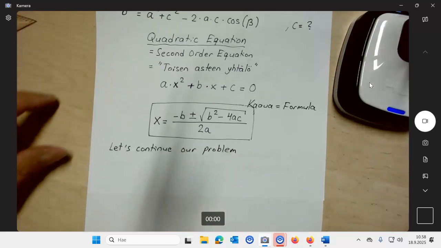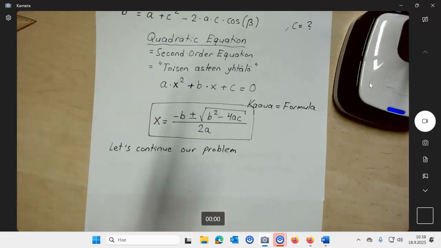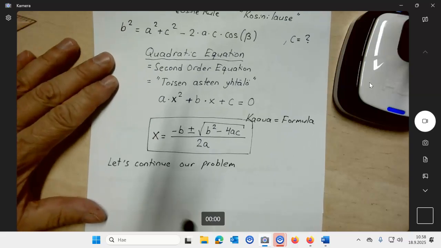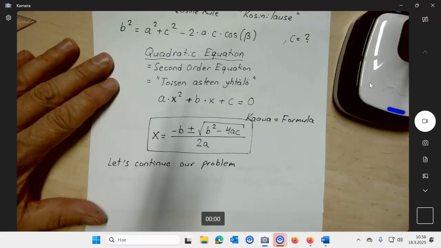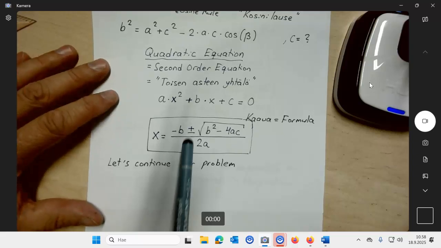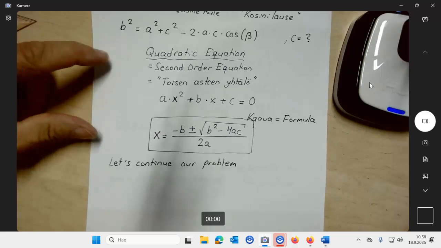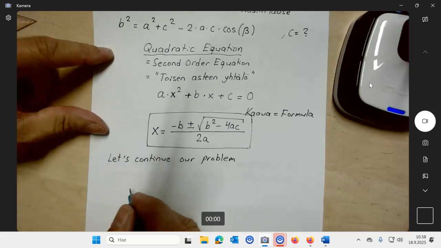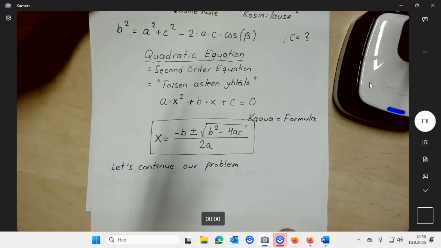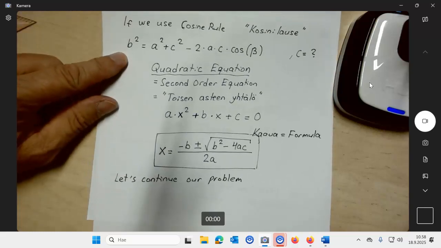Let's continue. We got this equation here, and we will use it soon when we get this problem in the form where it is useful to use this formula. So I will put the numbers in the place of the equation there.